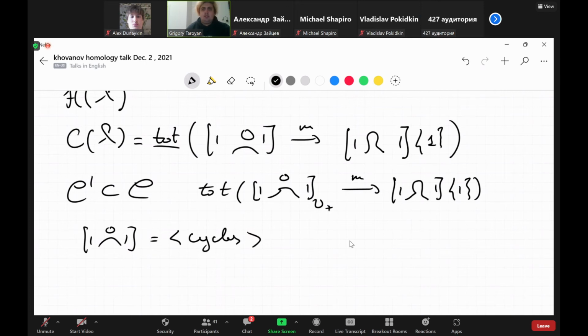And we have a distinguished cycle right here. So in each resolution, we have this particular cycle in each resolution of this diagram.